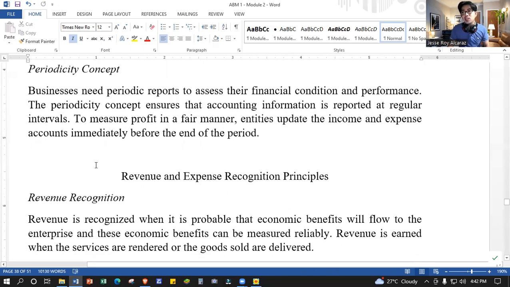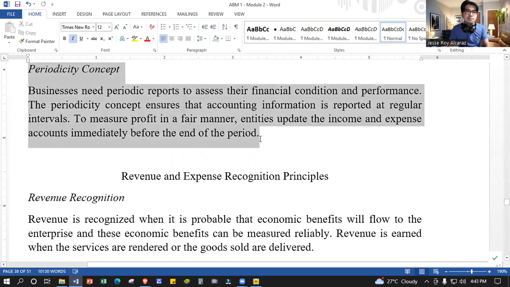Okay, for the periodicity concept, we have already discussed this as well. This is the theory or the assumption wherein the infinite life of a business is divided into specific time periods. It can be months, weeks or years, depending upon the needed time period.